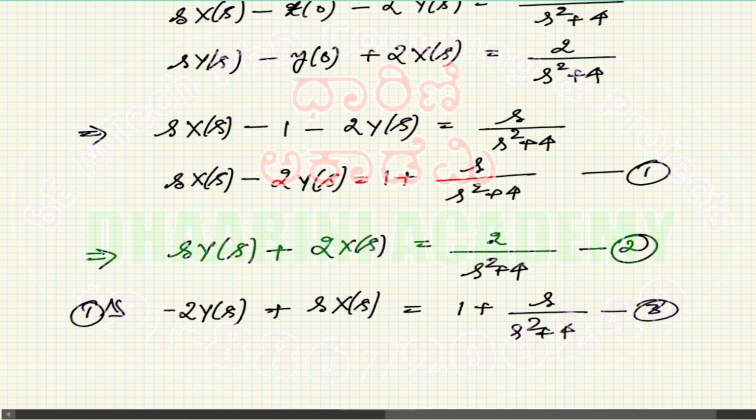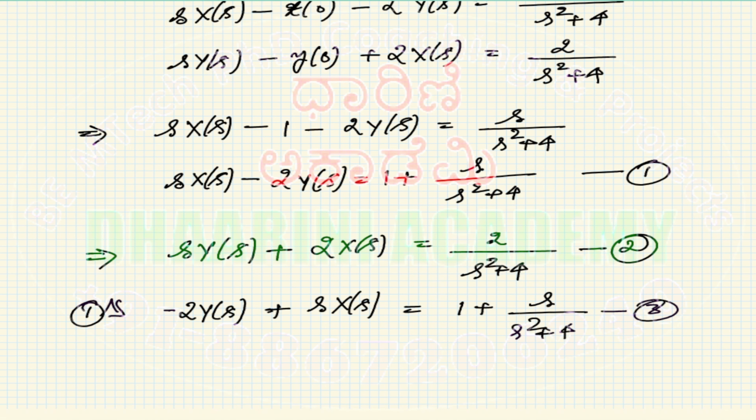Now you can see that we can cancel the y terms easily because there is opposite sign. Just multiply equation 2 by 2 and equation 3 by s.